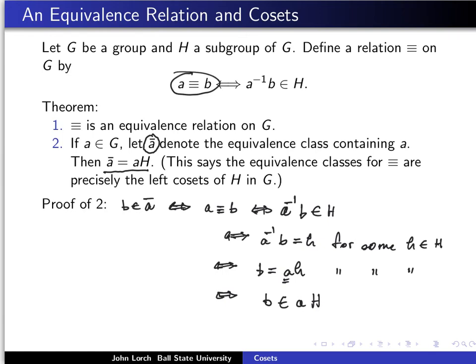We've taken something in H and multiplied it on the left by A. And so B is a member of this left coset. At the end of the day, we see that something sits within the equivalence class if and only if it sits within the left coset. And so that means that the two sets are equal.